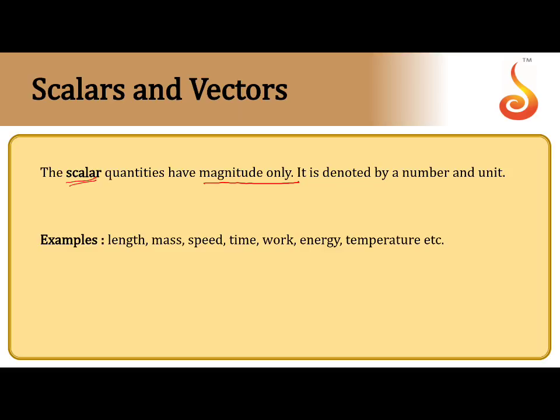What are scalar quantities? They are the physical quantities which have only magnitude. To represent them, you need a number and a unit. It doesn't have any direction. Examples: length, mass, speed of a vehicle, time, work done by the body, energy, temperature, etc.